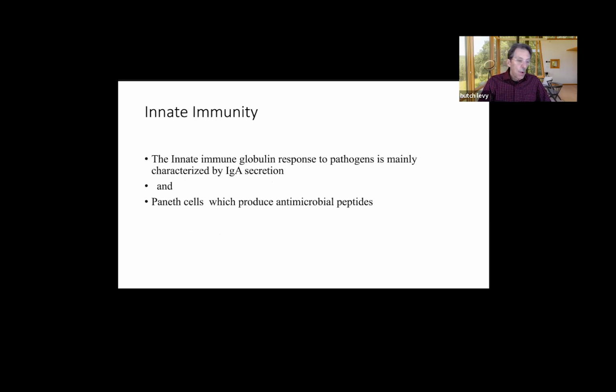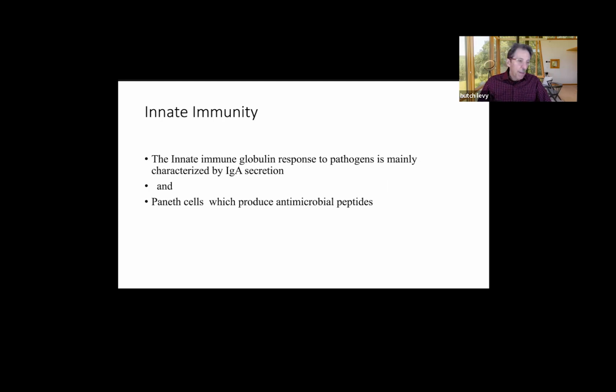So when there is response here, and we know that while there's a lot of white blood cells and other factors, there certainly can be immune globulins that come into play here, which are IgA generally in the gut. And we have these Paneth cells, which produce antimicrobial peptides.